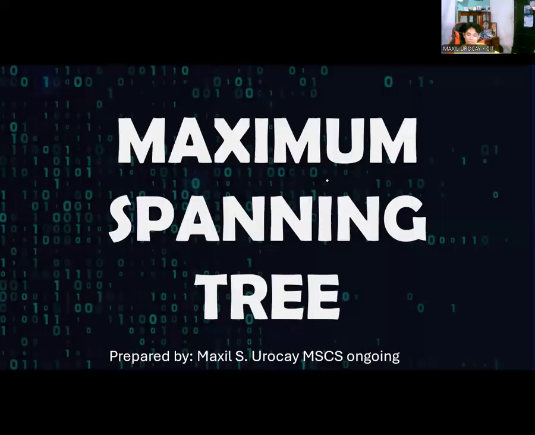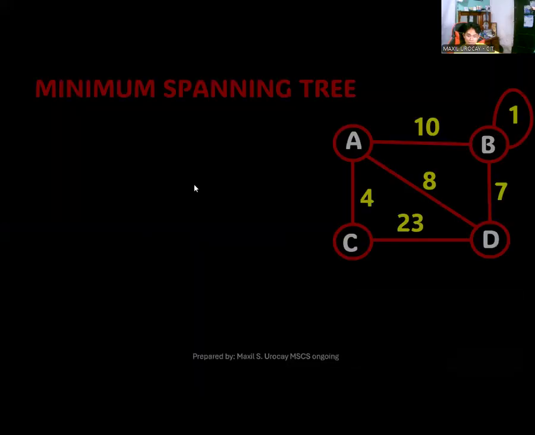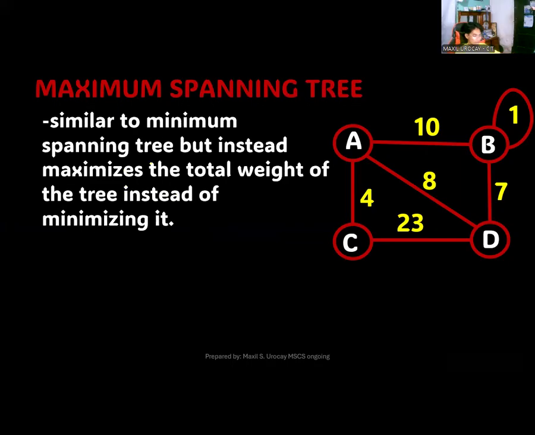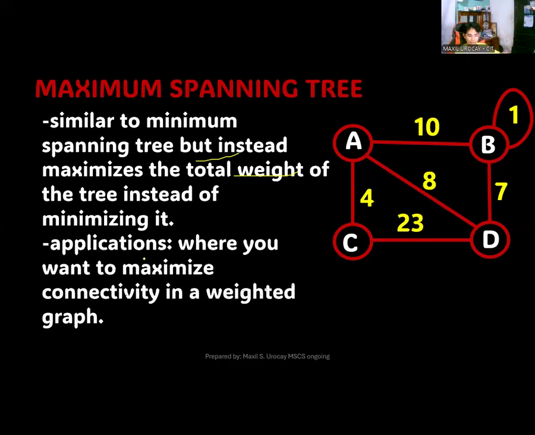Now let's move on to the maximum spanning tree. When we say maximum spanning tree, it will be different from the minimum spanning tree. I'm so sorry that I left that there still labeled as minimum spanning tree. That should be a maximum spanning tree. So the maximum spanning tree is similar to the minimum spanning tree, but instead it maximizes the total weight of the tree instead of minimizing it.